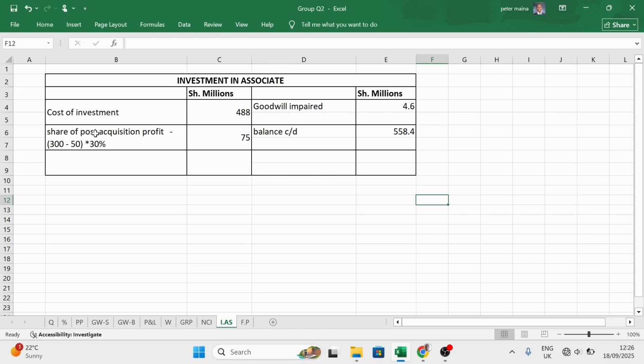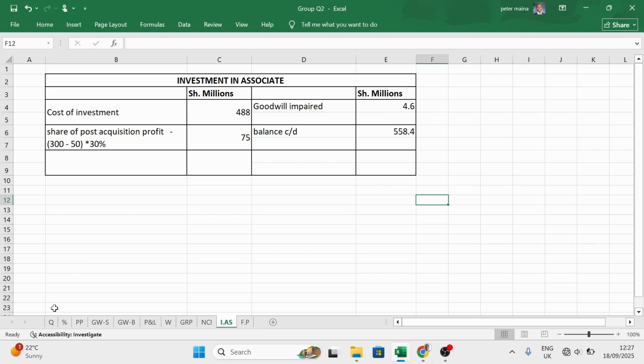So what about the post-acquisition profit? Take the profit of the associate as at the balance sheet date, the one you are given in the statement of financial position. Deduct pre-acquisition profit. So what is remaining there is going to be post-acquisition profit. You take 30%.